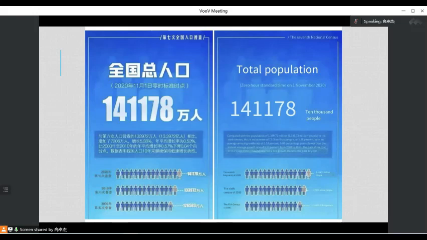The rate is moderate, exactly. Because if you know, many years ago, China's population grew very quickly. Okay, this is the data about China's population.